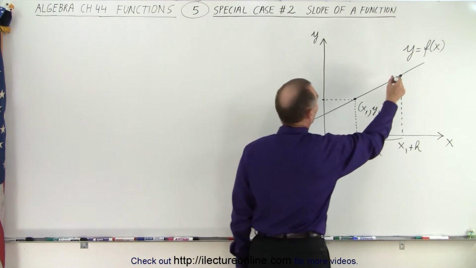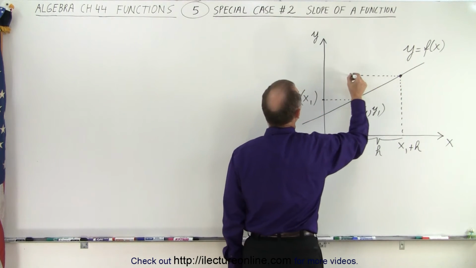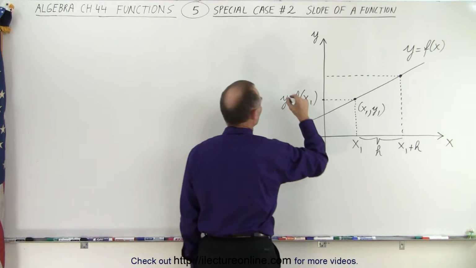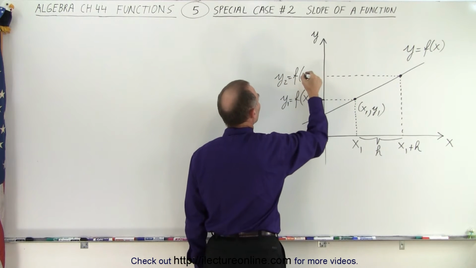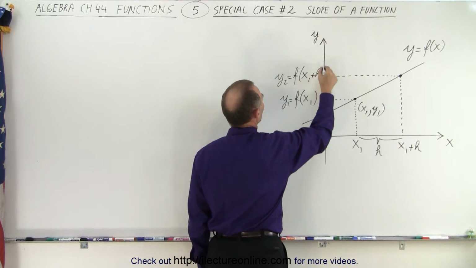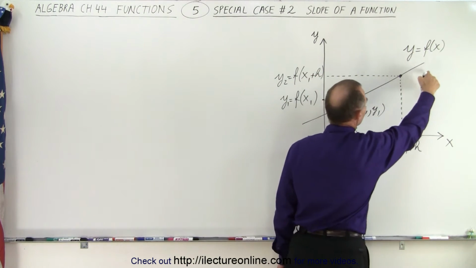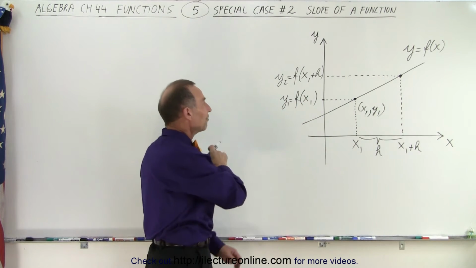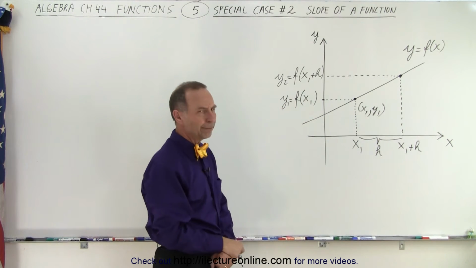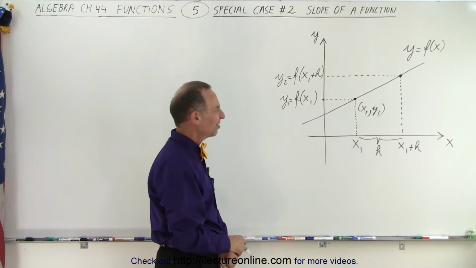Then to find the corresponding y value of that point, we'll call it y2. That is equal to the function evaluated at x1 plus h. So we replace every x in the function by x1 plus h, and we get the y value of that function. All right?